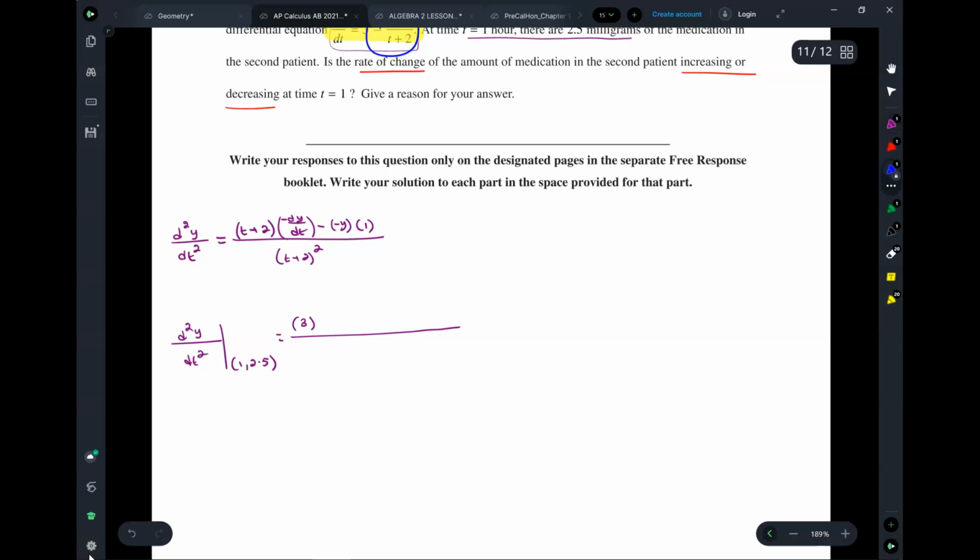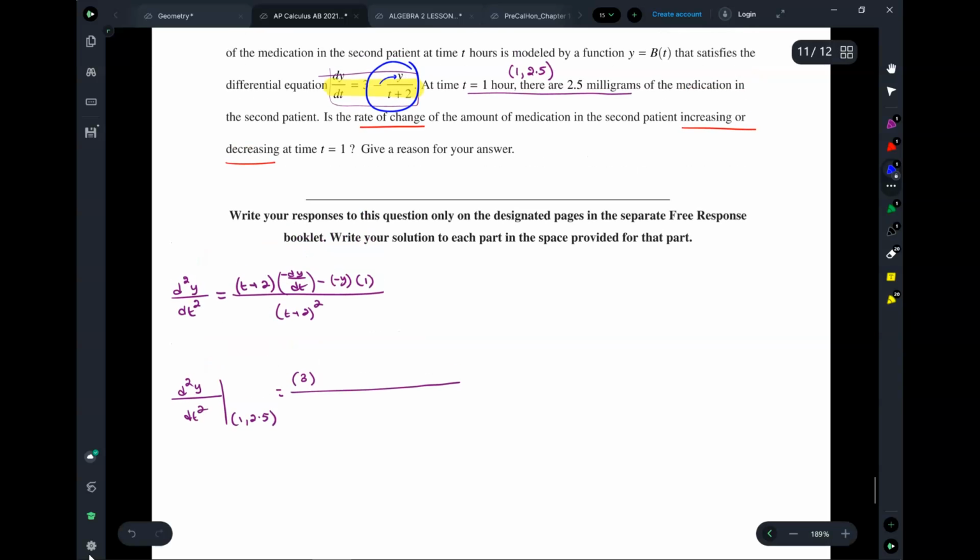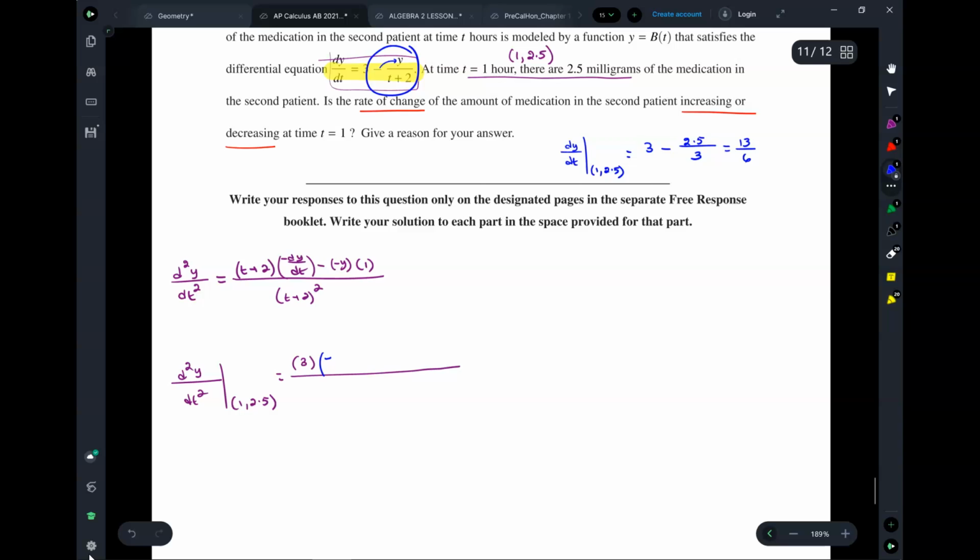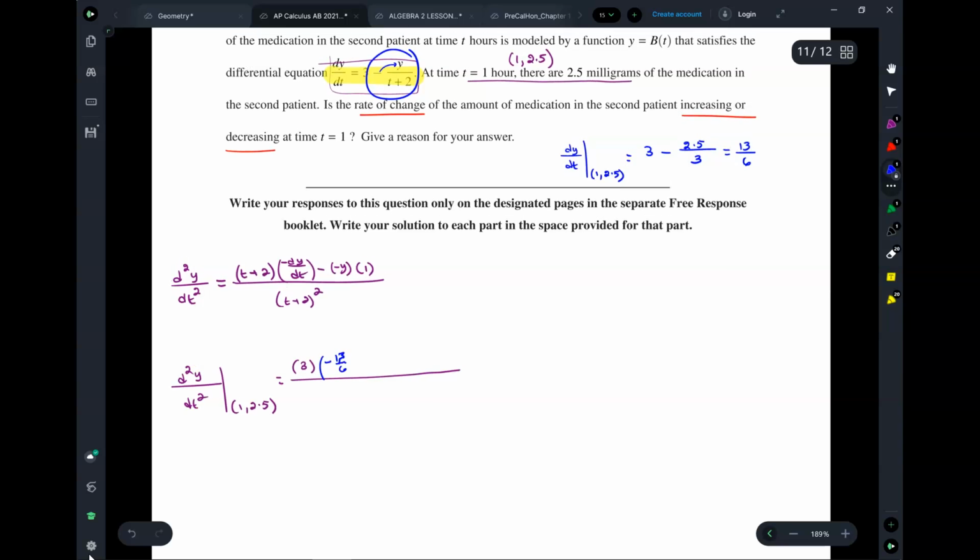Negative dy dt. How much is dy dt at this point? We haven't evaluated that, so let's do that here. dy dt, evaluated at 1, 2.5, is 3 minus 2.5 over 3, 13 over 6. So I'm going to put that here, but it's negative 13 over 6.